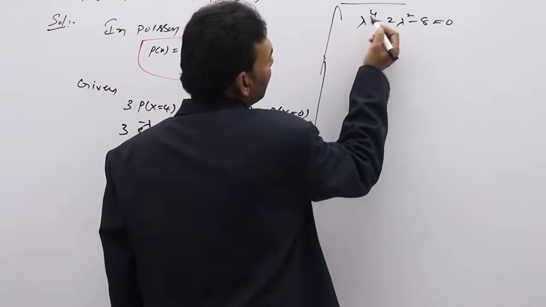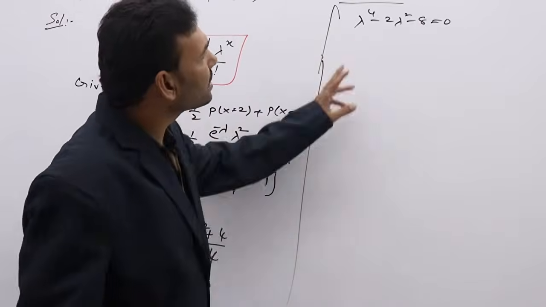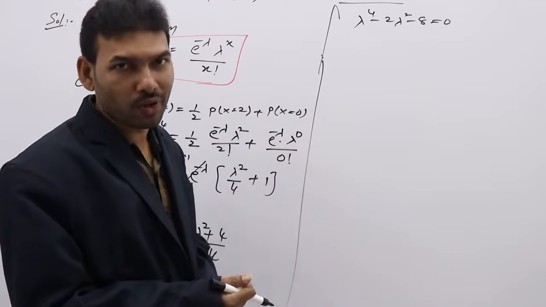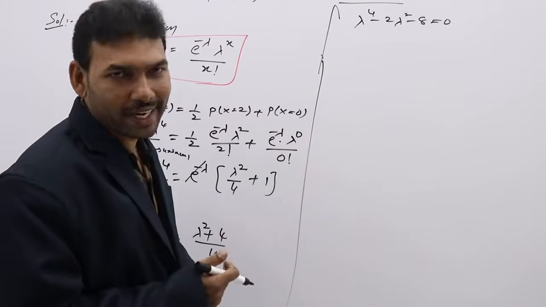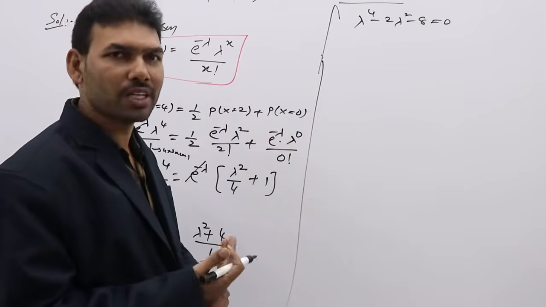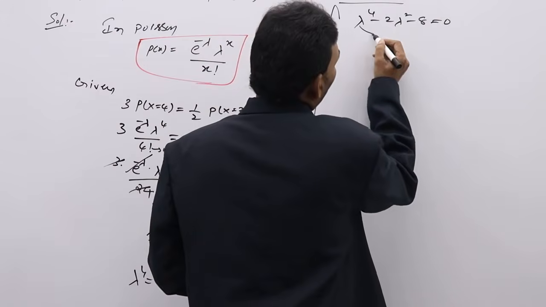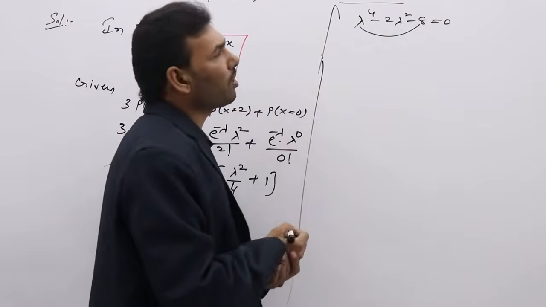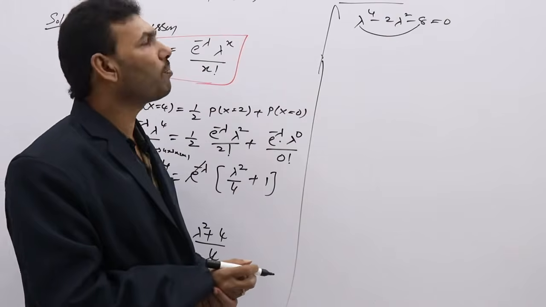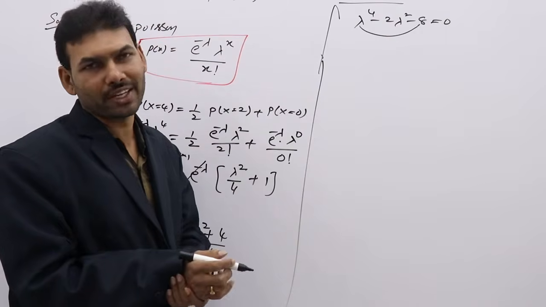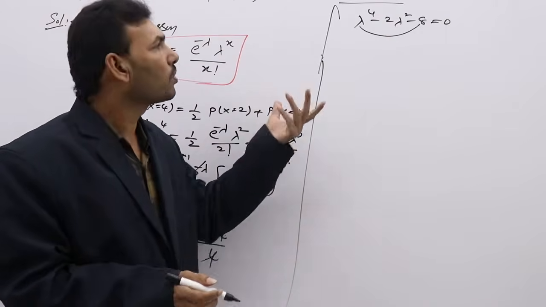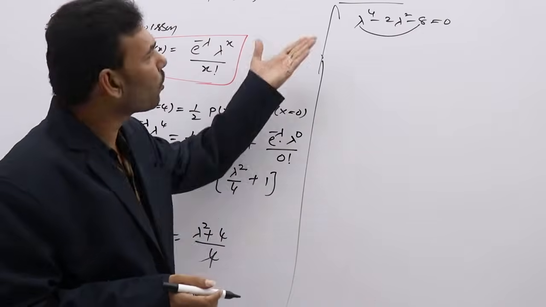So this is a quadratic equation in lambda square that can be evaluated using factorization or other methods. Take the product 8 lambda power 4 factors; you need a difference or sum of 2 lambda square. 4 2s are 8, 4 minus 2 is 2.